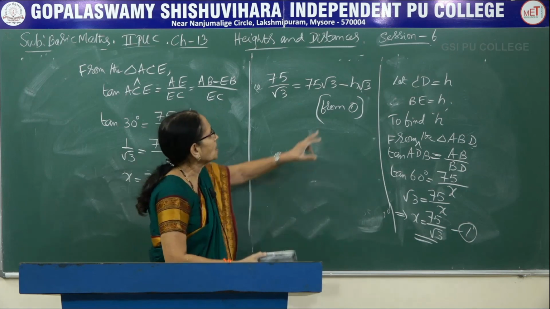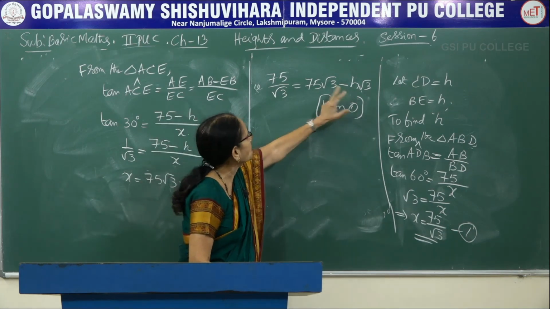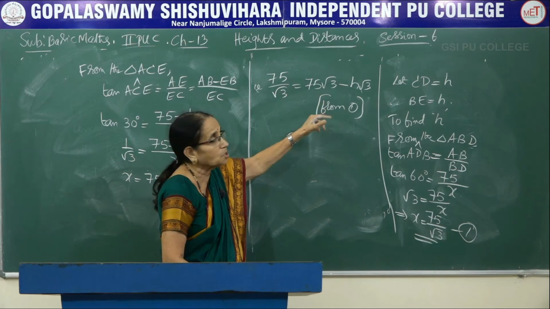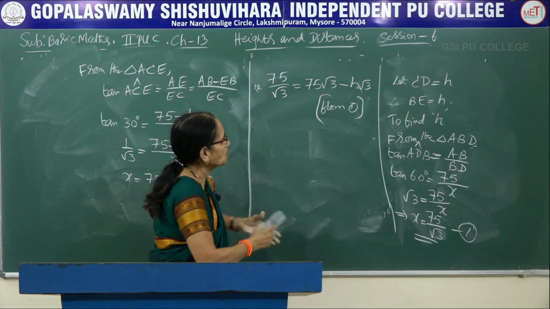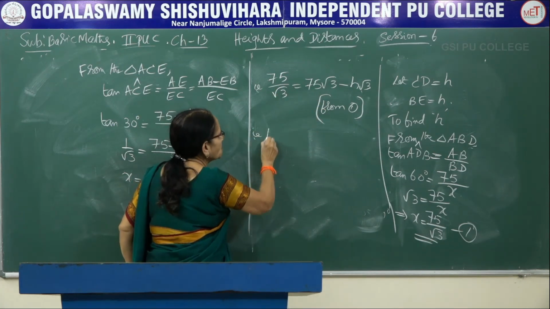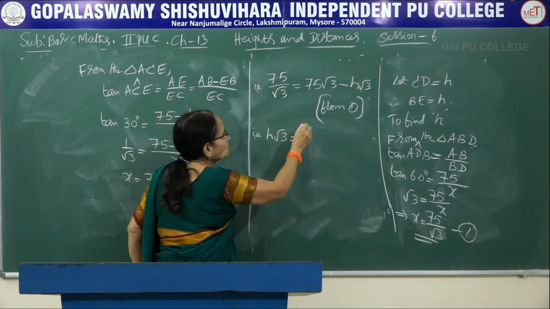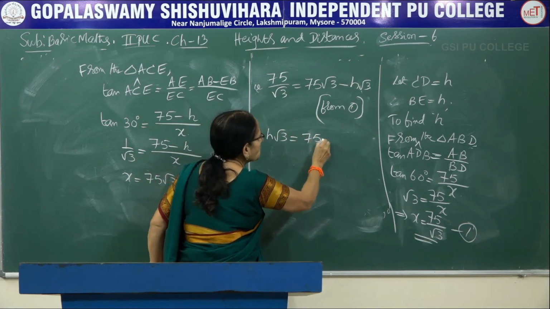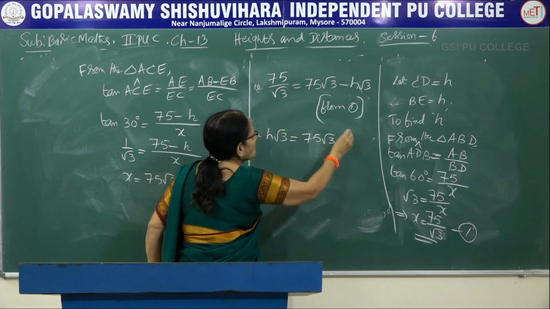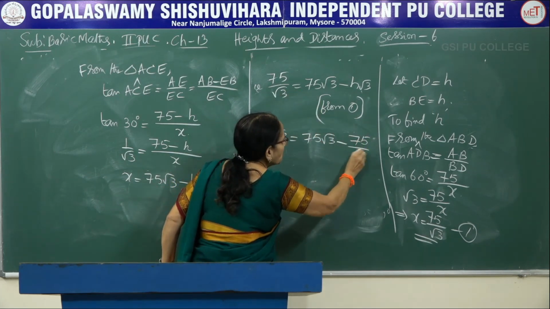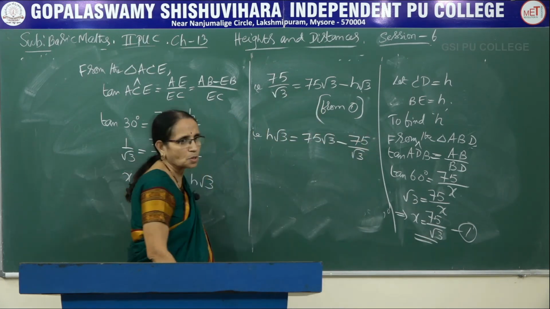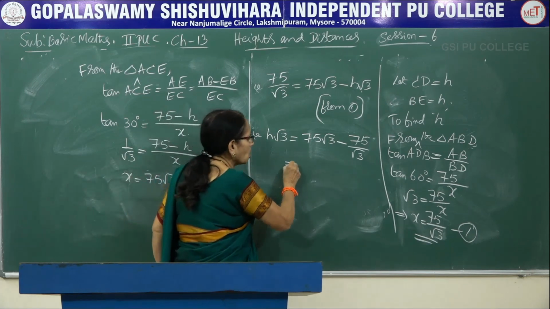Now H is the unknown quantity. You just take it to the left hand side, the sign would be changed to positive. Take this number to the right hand side. So interchanging the terms here, H root 3 would be equal to 75 into root 3 minus 75 divided by root 3.